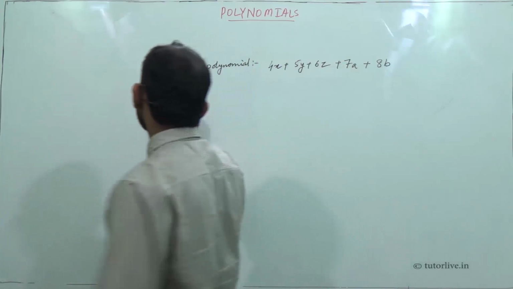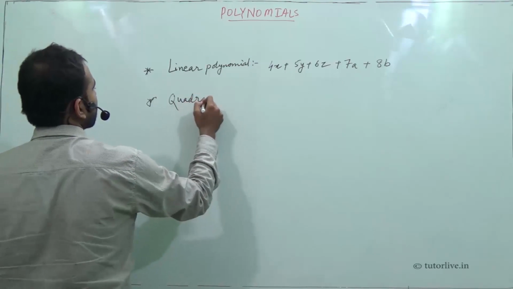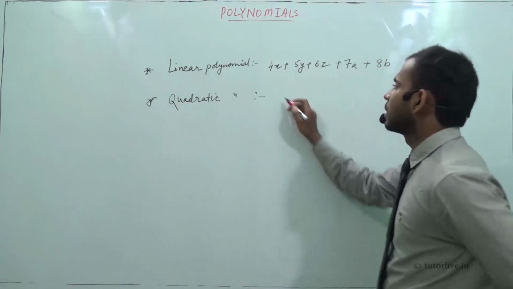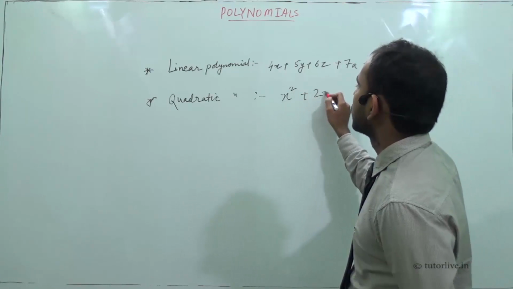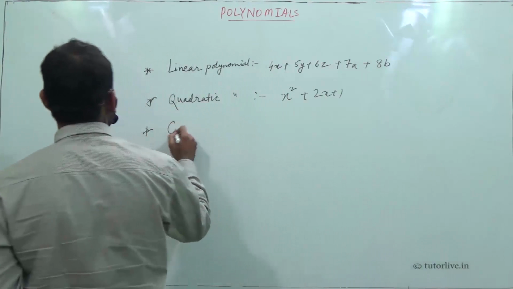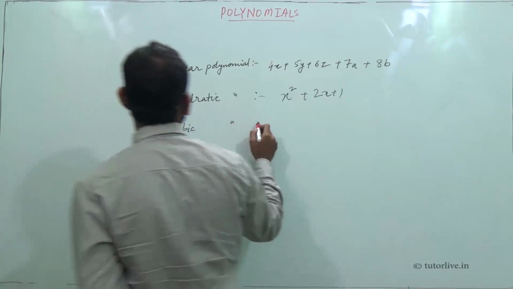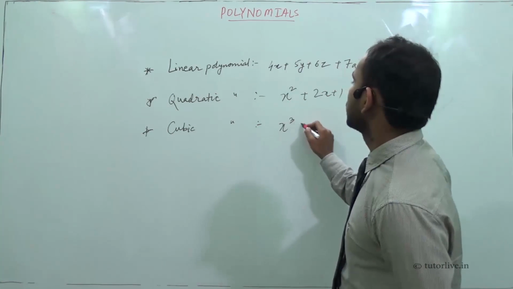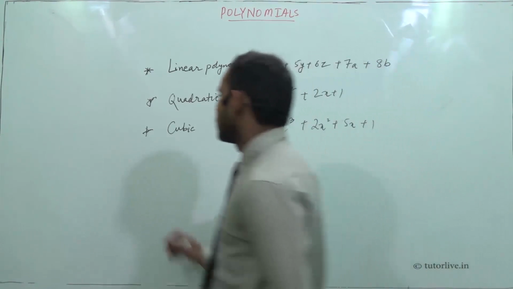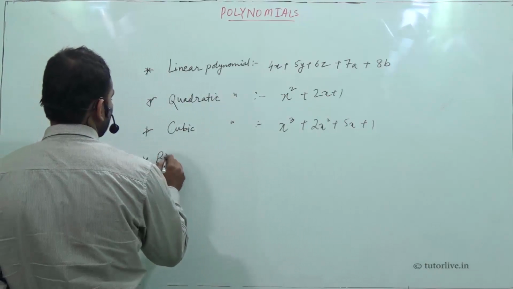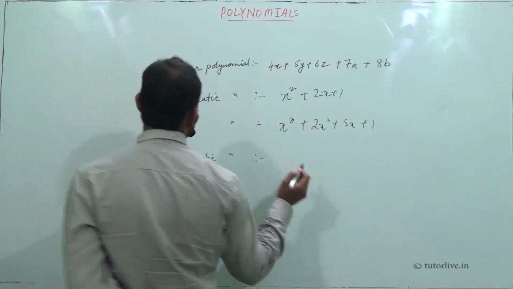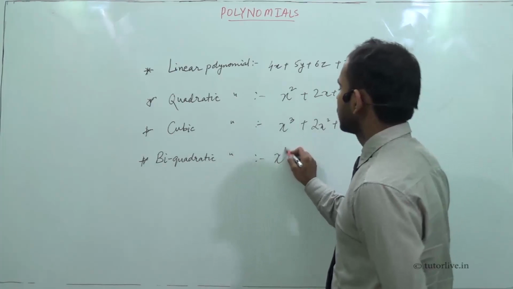Second is the quadratic polynomial or quadratic expression, where the highest power is 2. Simple, right? And then there is the cubic polynomial. The highest power is 3. The fourth one is the biquadratic expression or polynomial, where the highest power is 4.